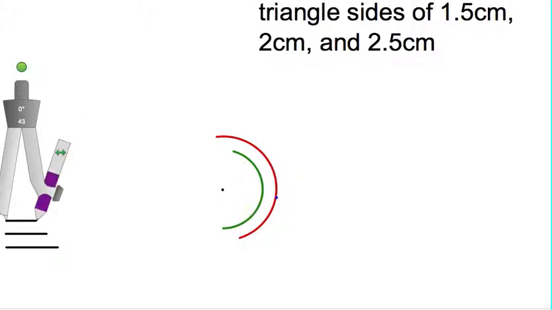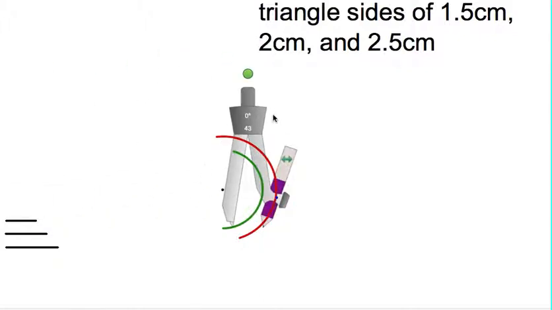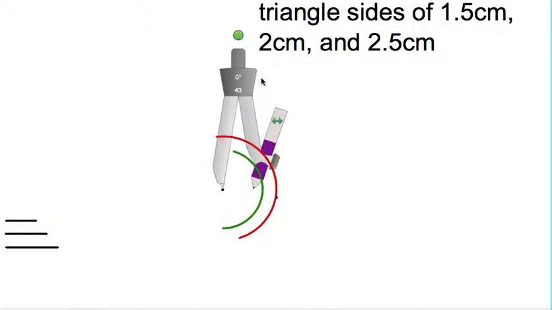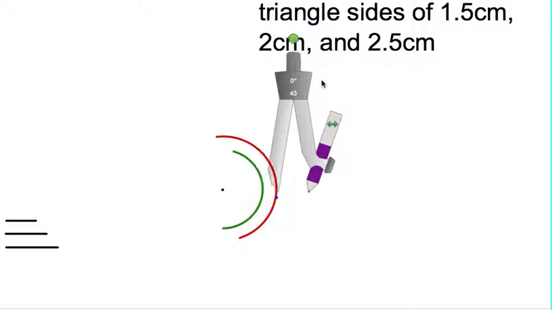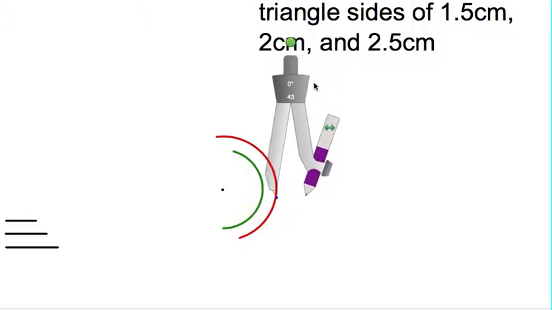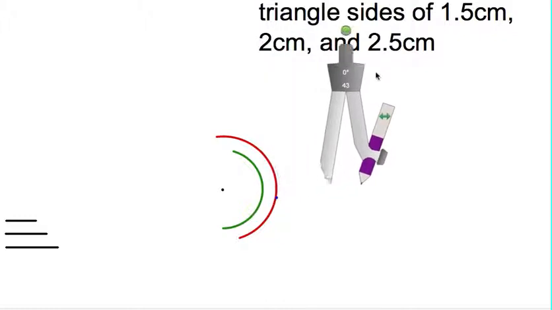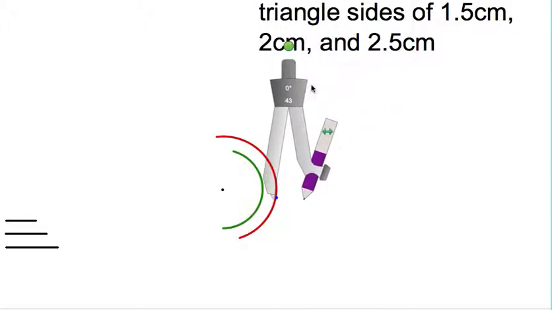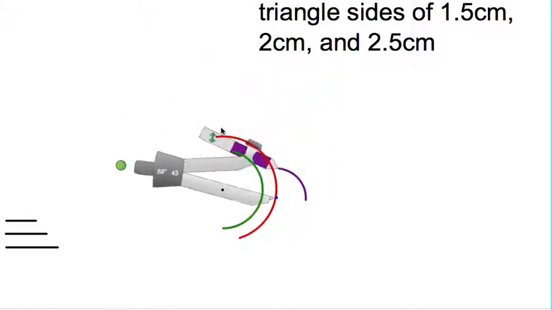Instead of moving your compass back to the original point here and drawing an arc, you're going to go to this point, or that second point that you made, and use that. So you take the sharp point of your compass and you put it on that dot of that arc that you made, and that is going to be your starting point. So you're going to actually create an arc from that.